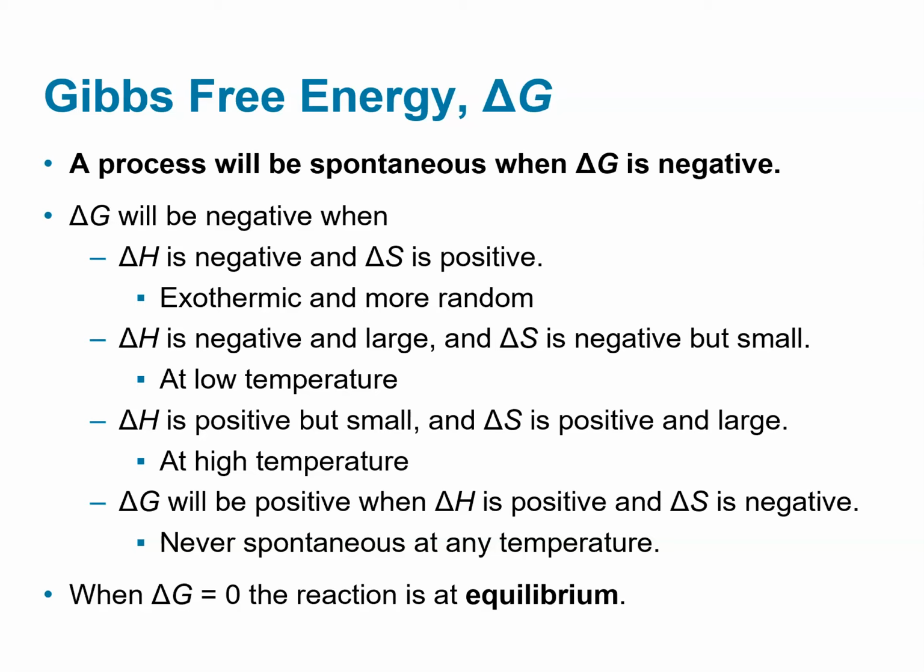Delta G can be negative if delta H is positive, but only a little bit, yet we have a very positive delta S and high temperature, which amplifies it. And delta G will be positive if delta H is positive and delta S is negative. So anytime you have a positive enthalpy and a negative entropy, delta G will be positive, and it will never be spontaneous at any temperature.